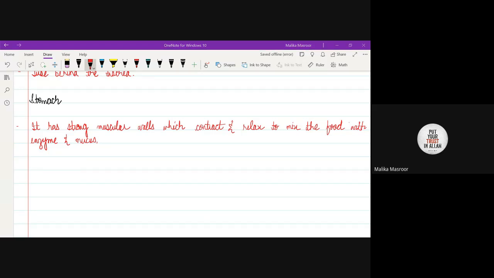Now, in the stomach, we usually think that because of enzymes, chemical digestion will take place. But this process is mechanical digestion, and this is called churning. Churning of food is a mechanical, physical digestion.